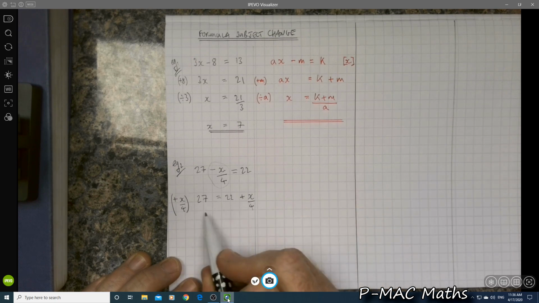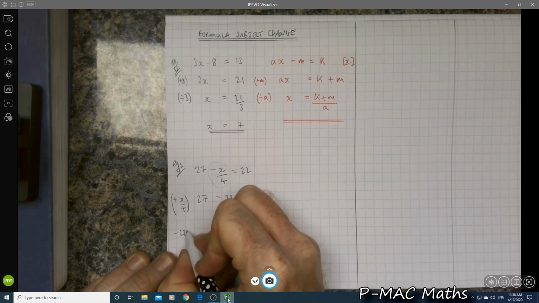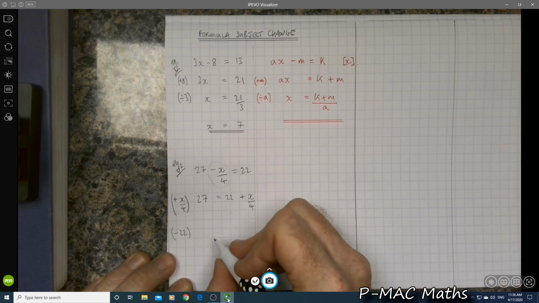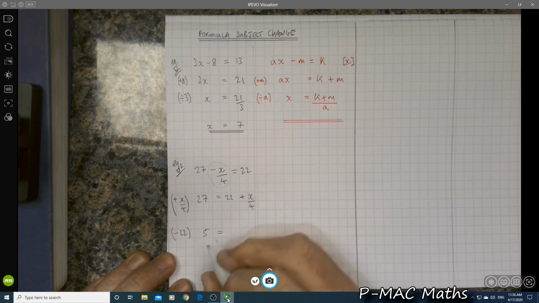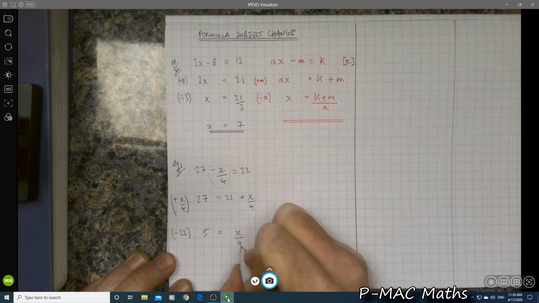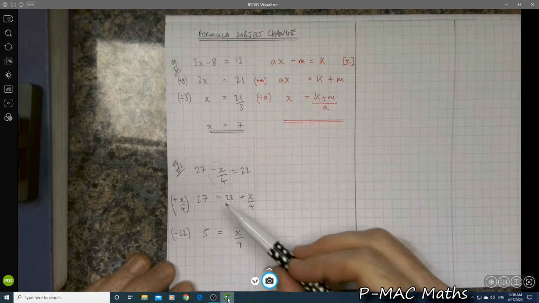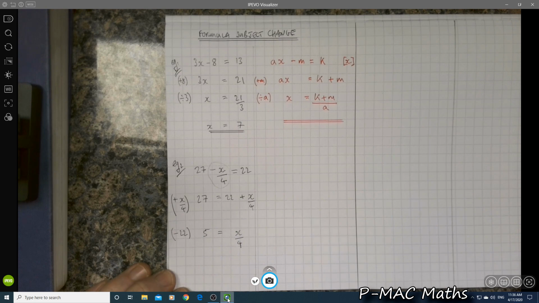And again, in maintaining the balance of an equation, I'm going to have to take 22 from both sides. So I will have 5 on the left hand side, and I'll just have x over 4 on the right hand side. So 22's gone here. This has gone down by 22 to 5.